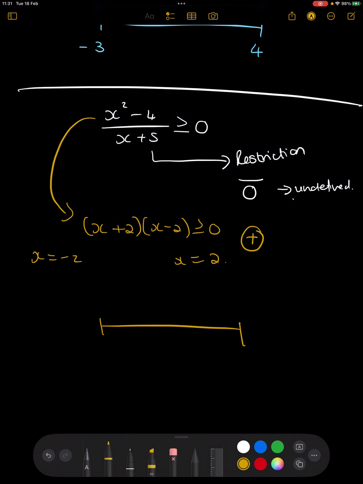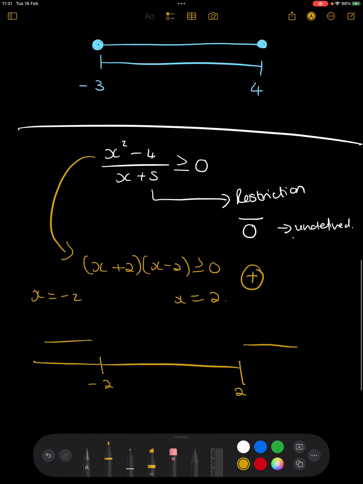So my critical values over here are -2 to 2, and because it's positive, remember, it always points outwards. But now we have to be careful, because this bottom restriction over here, this x plus 5, is not allowed to be equal to 0, which means that x cannot be -5. So that's why I have to go and draw in my -5 over there.